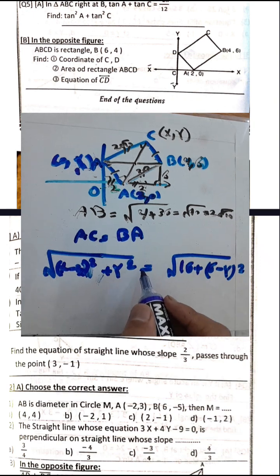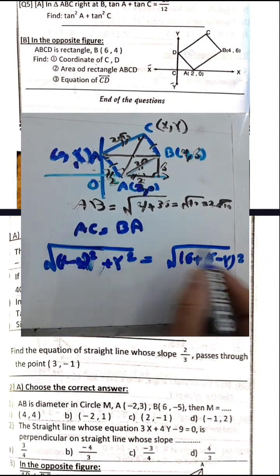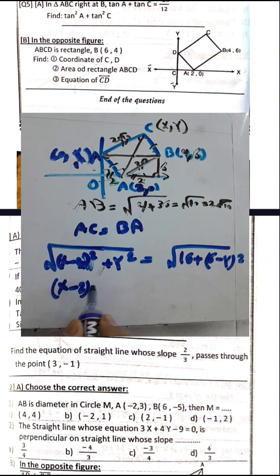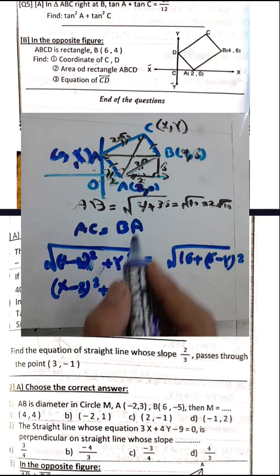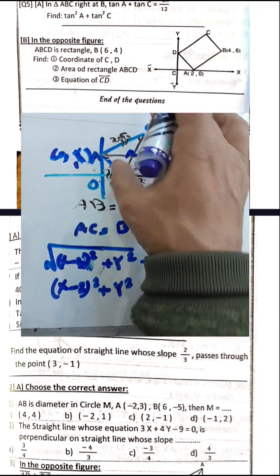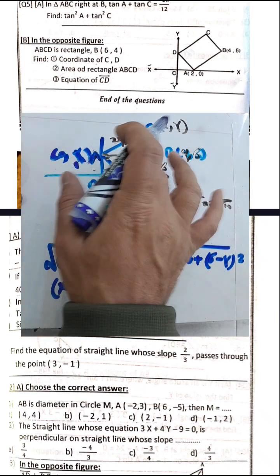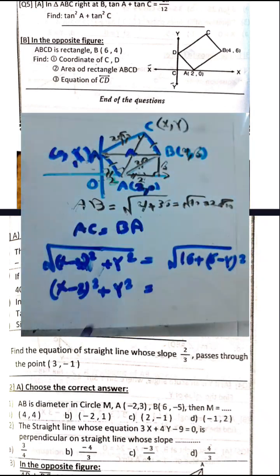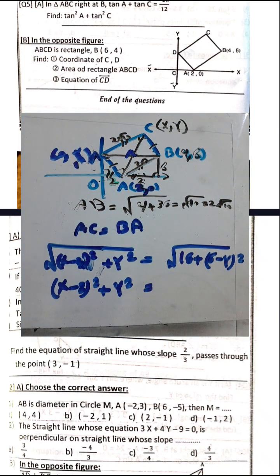The two diagonals are equal in length. You can cancel root by root, and (x minus 2) all power 2 plus y power 2 equals square root of here. But you can find this point here, M lies between C and A, and B and this point lies between B and A in the middle, in this right angle triangle.